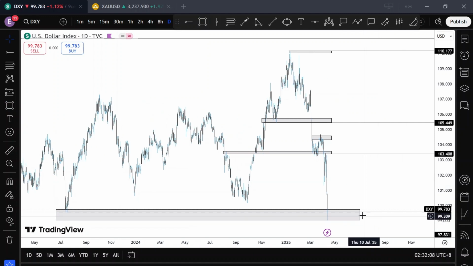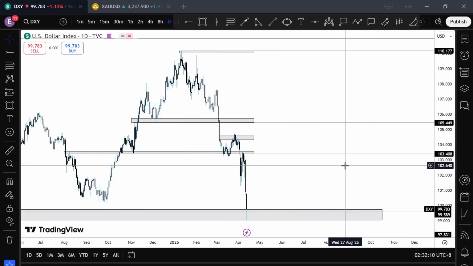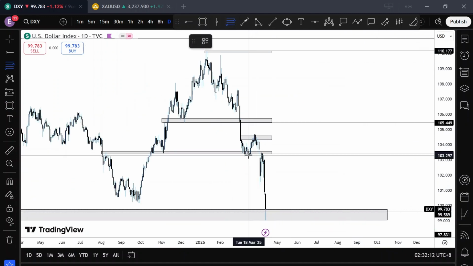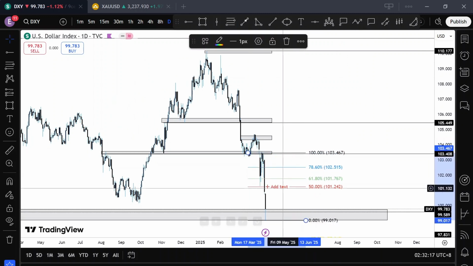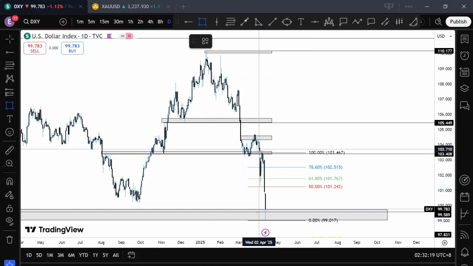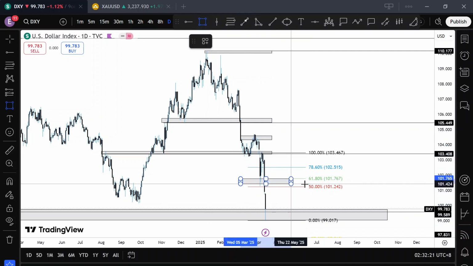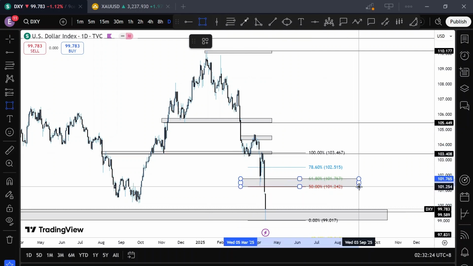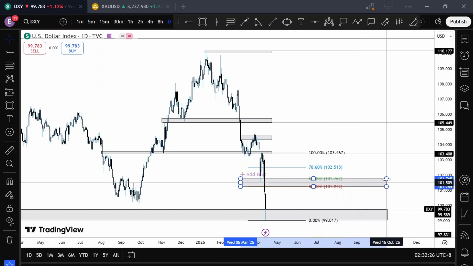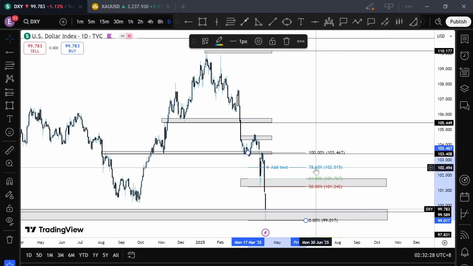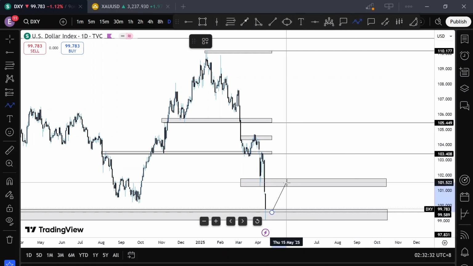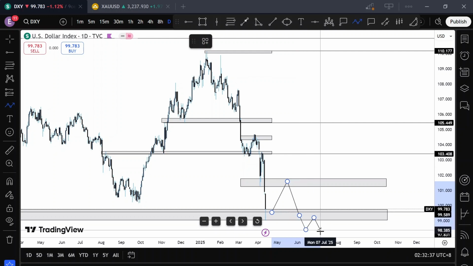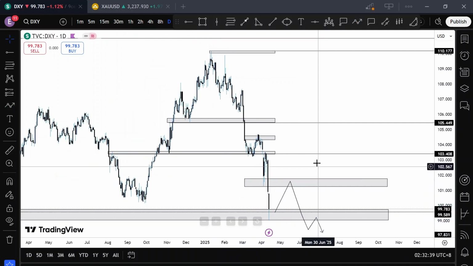If we measure a pullback region from this drop here to the low here, I'm looking at around this region here, which makes sense, between 50 and 61.8. Okay, that would actually make sense. So we'll see price pull back into these regions here and continue to bottom here, or we'll break, retest and continue. For now, this is exactly what we'll be looking out for.